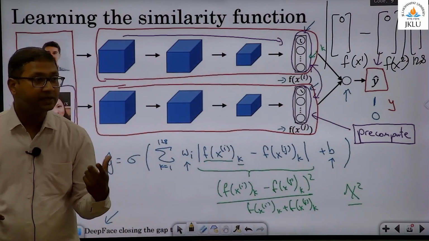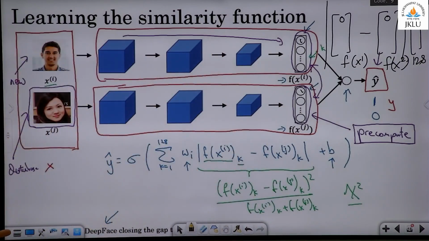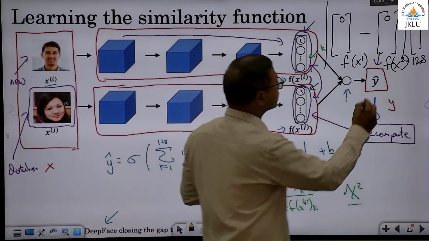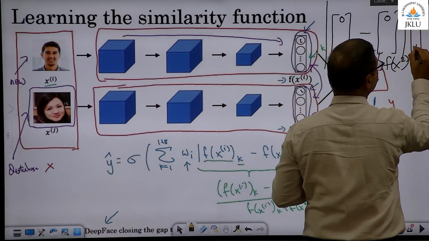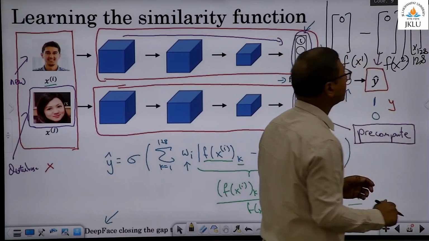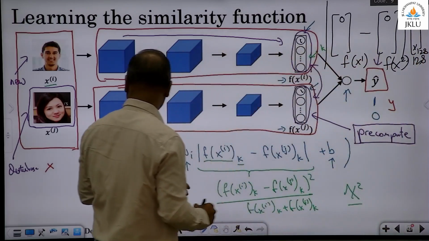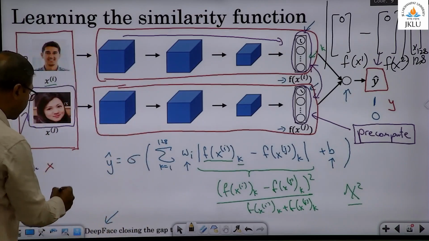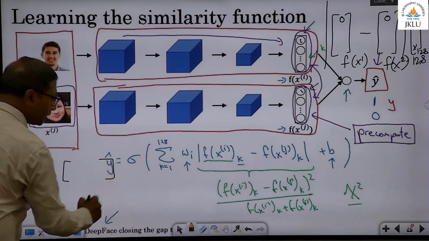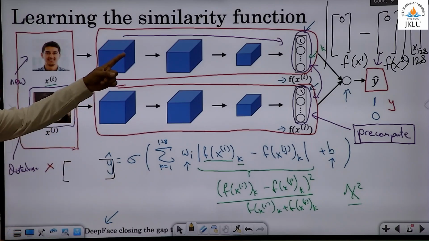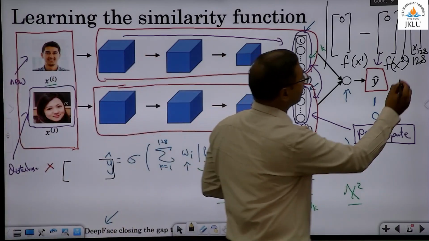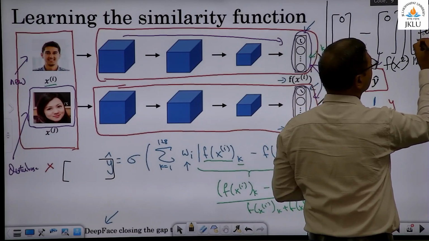Now you have a logistic regression problem. All these guys will be x1 to x128. And how were we doing logistic regression? wx plus b.